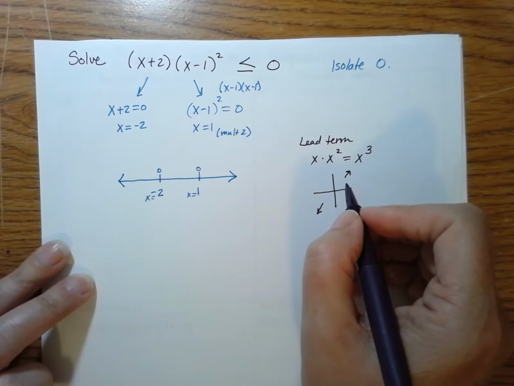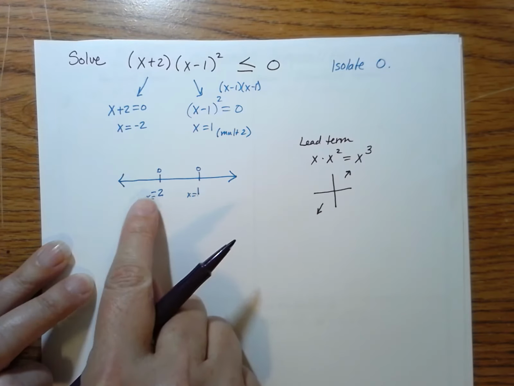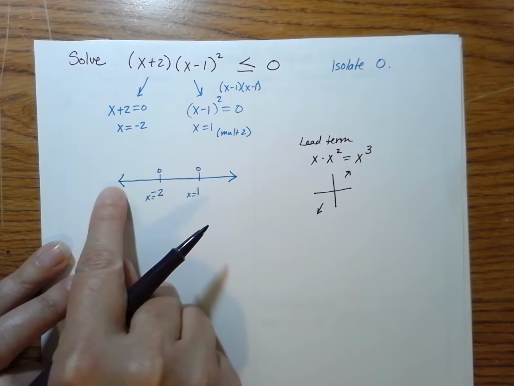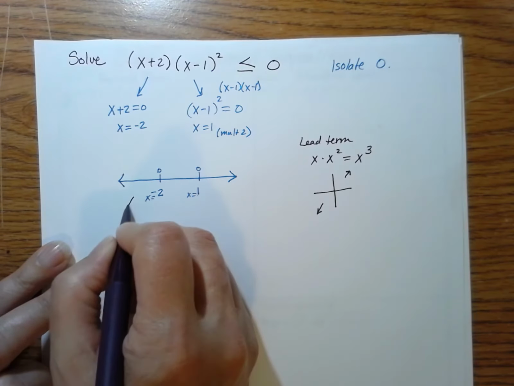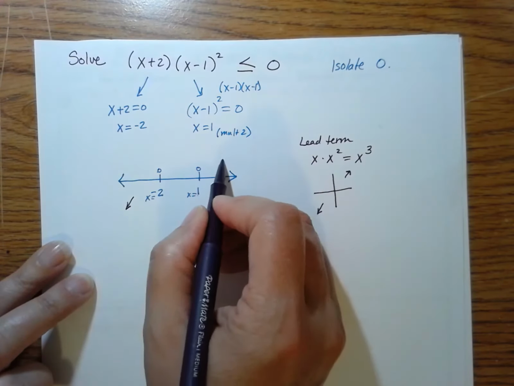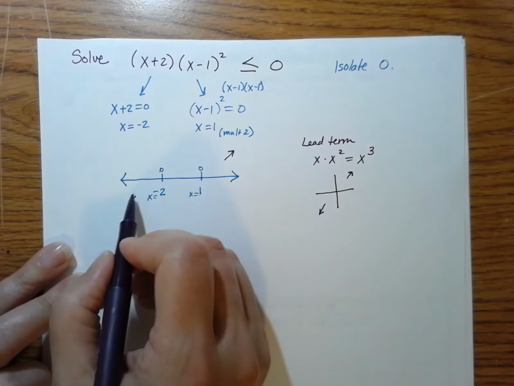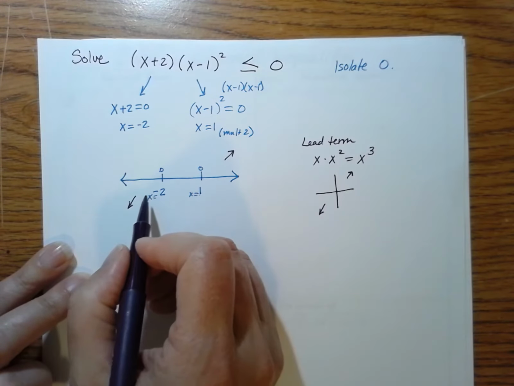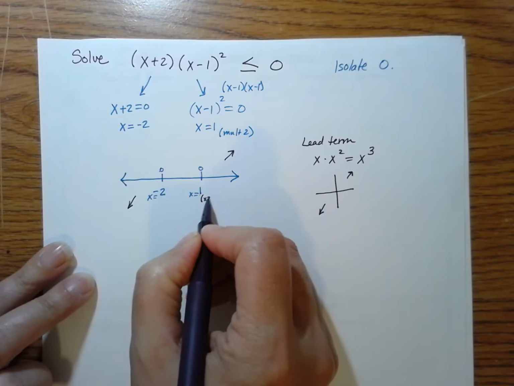Now, pulling that same information over to my number line, that means that the ends of this number line also do this. So the graph starts down, and then by the time it gets to the end, it's going to be up to the right end. All right, so as I go through, I want to make a note here that my multiplicity was 2 on that 1.